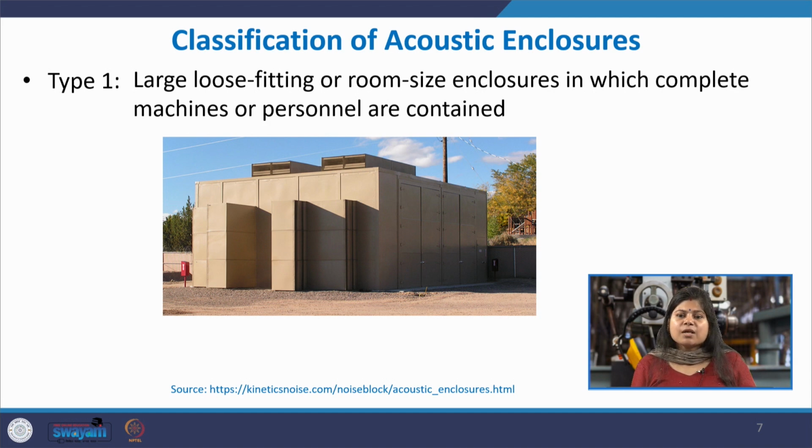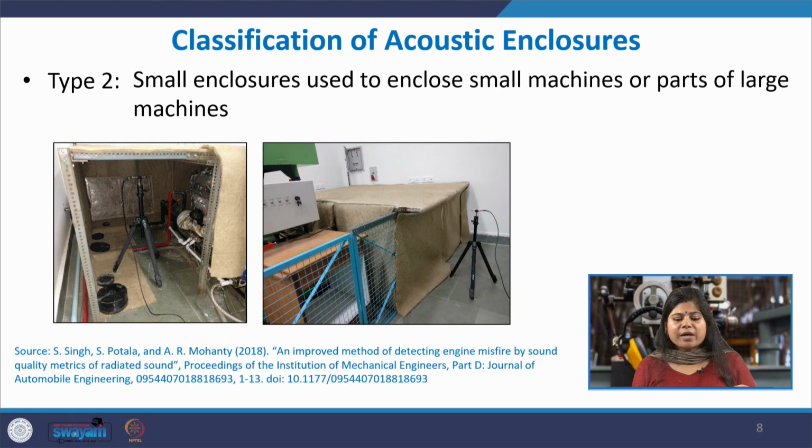In that case, you can have all the arsenals and their control rooms situated together, and then enclose these arsenals in these large room sized enclosures. Otherwise, you can build small enclosures. This is usually used to enclose small machineries or some small noisy part of a large machinery setup. This is a typical figure from my own published paper where we had built an enclosure based on a natural jute composite.